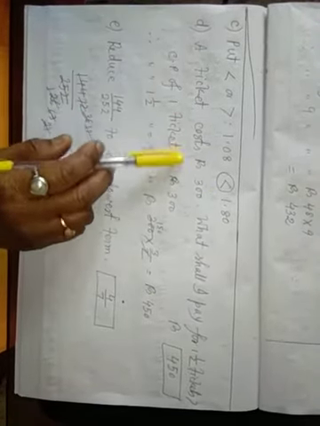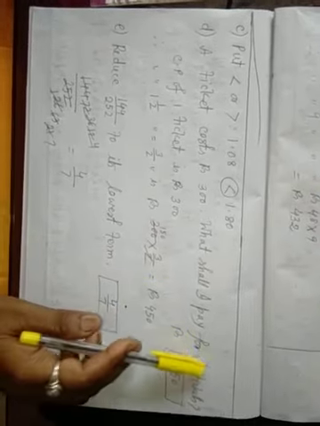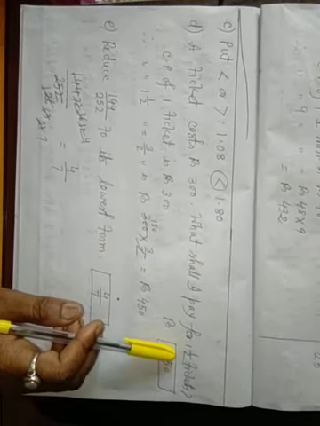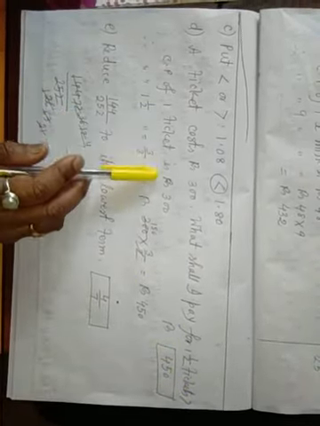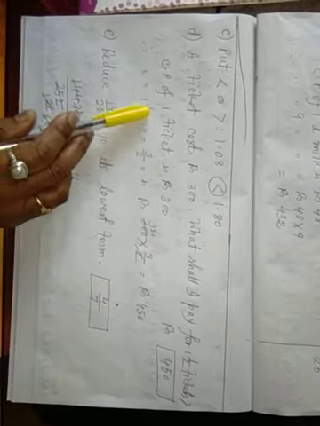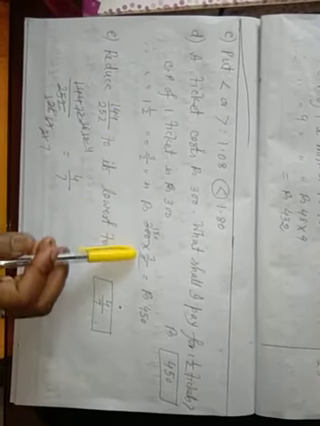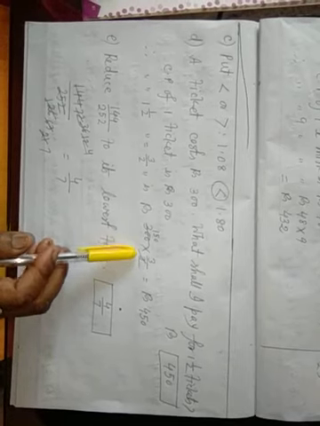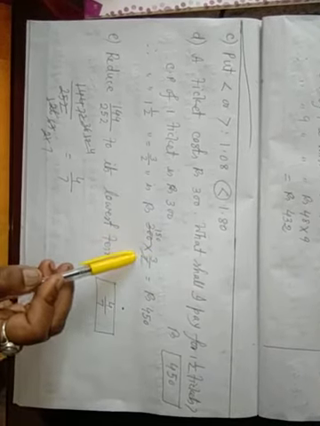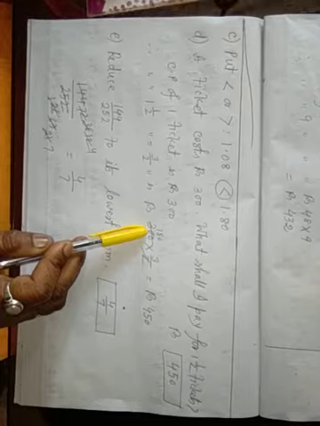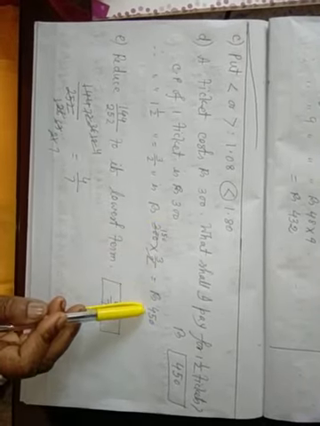D, a ticket costs rupees 300, what shall I pay for 1.5 tickets? So cost of 1 ticket is 300, cost of 3/2 tickets is 300 into 3/2, that is 150 into 3, rupees 450. Okay.